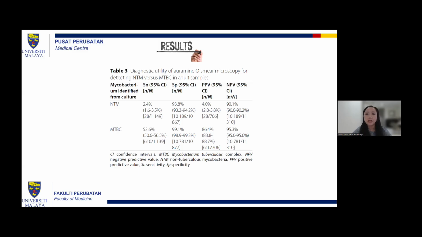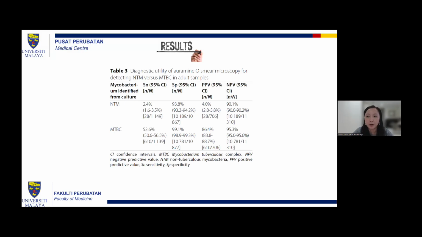We actually have the data for this, but we are saving it for another study. Previous studies have shown that patients with NTM colonization or infection with certain NTM species, particularly the rapidly growing ones like Mycobacterium abscessus, often have lower bacillary loads and consequently lower smear positivity rates.